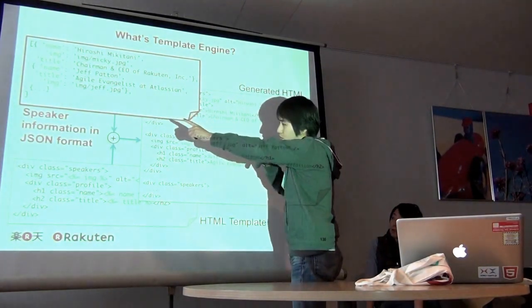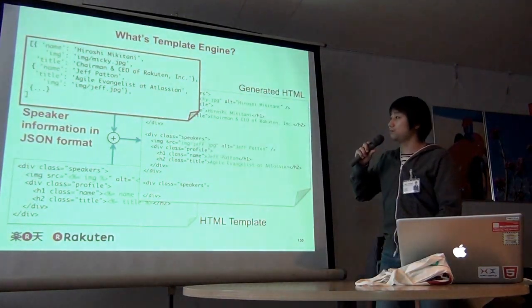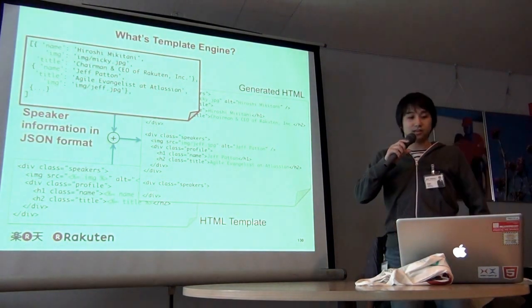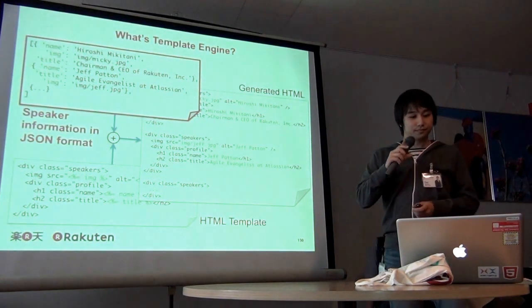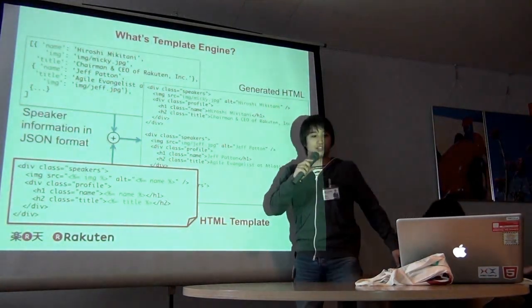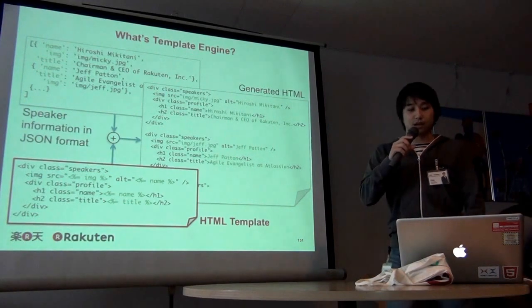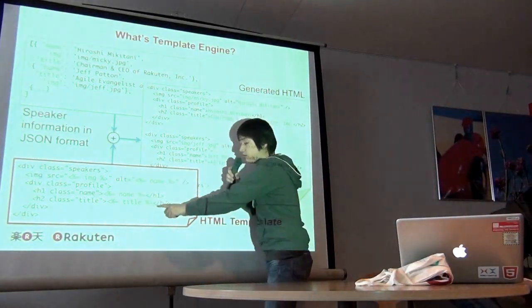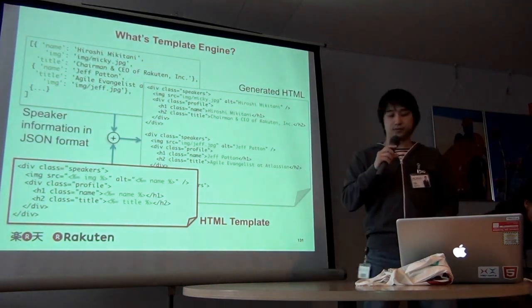This is JSON data including speakers' information. We received it from the conference staff. And this is a template file which defines the HTML of the pages. Image, name, title variables.